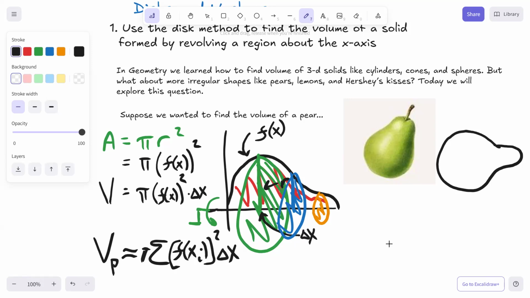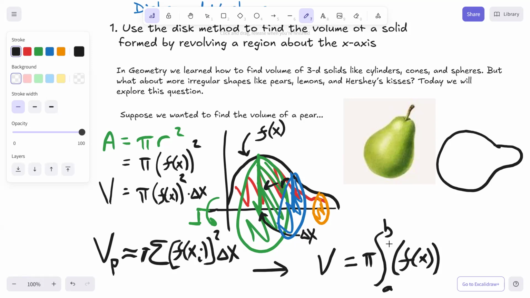So if we take the limit as the number of representative circles approaches infinity, the volume is exactly equal to pi times the integral from a to b of f of x squared dx.